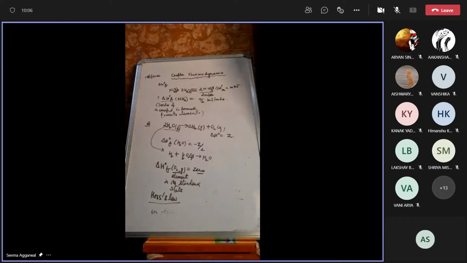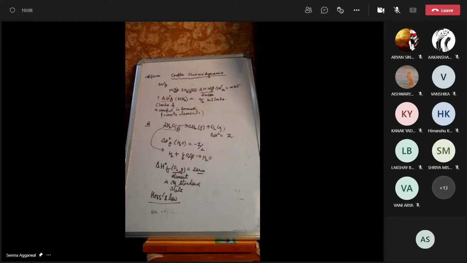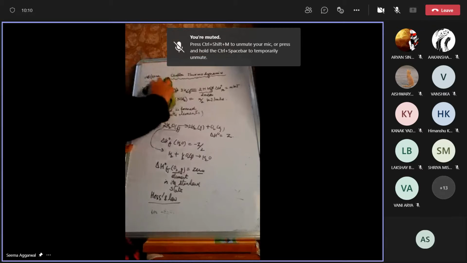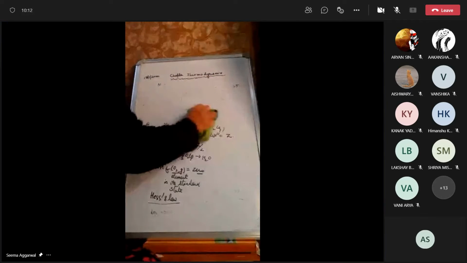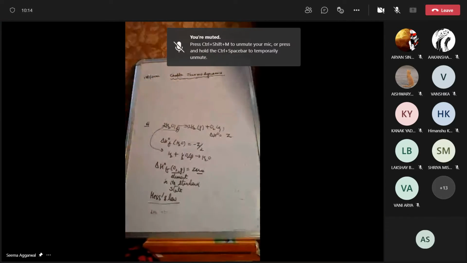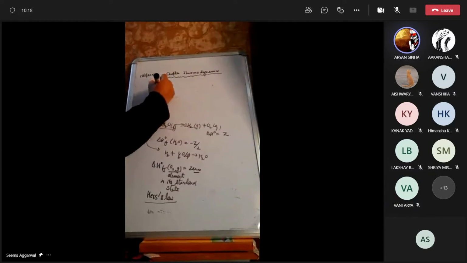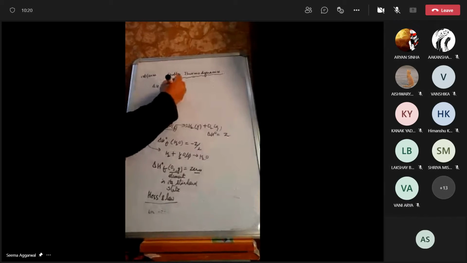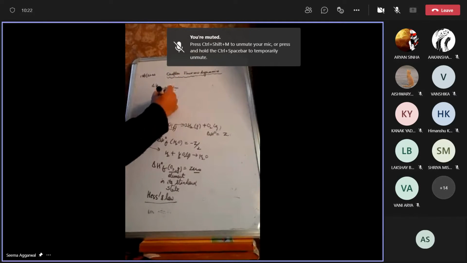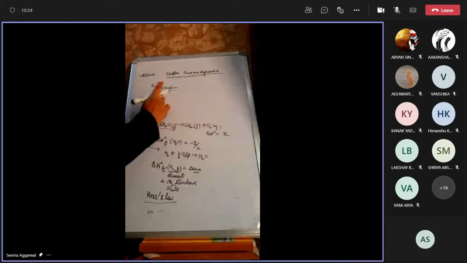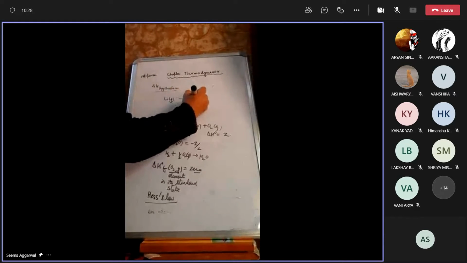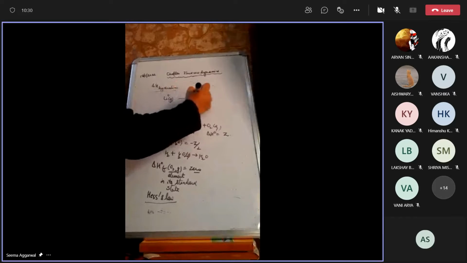Okay, what is the meaning of hydration enthalpy? Is the energy required to react to one mole of water? Yes, when a substance, suppose I am taking lithium gas, is converted into lithium ions in aqueous solution.